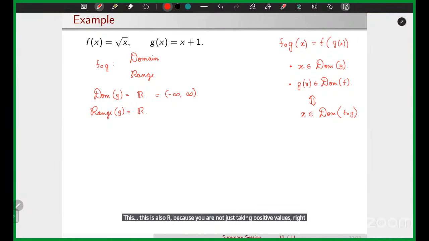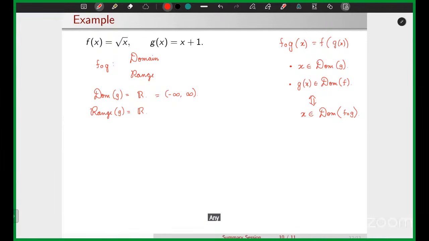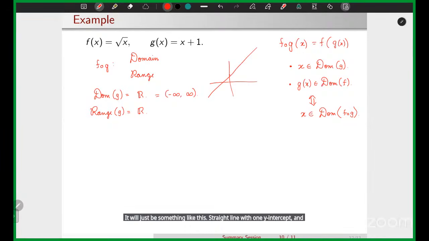You're taking any x. I'm just looking at the range of g right now. Even if you look at the graph of it, it will be a straight line with y-intercept 1 and slope equal to 1. So this has range also as R.